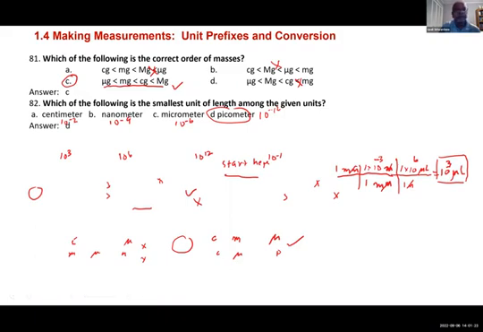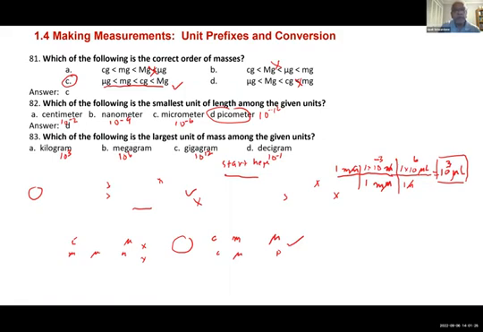So the answer is D. Largest mass among them. So the largest mass is giga, 10 to the 12. So giga is 10 to the 12. So that's the answer. It is C here.